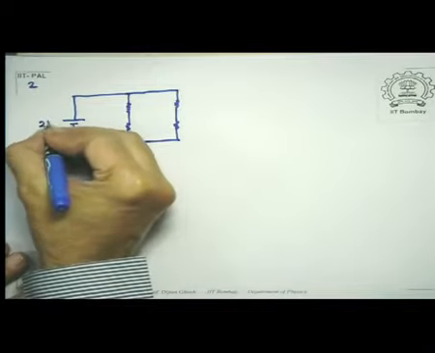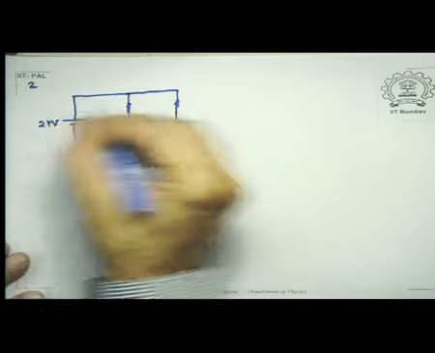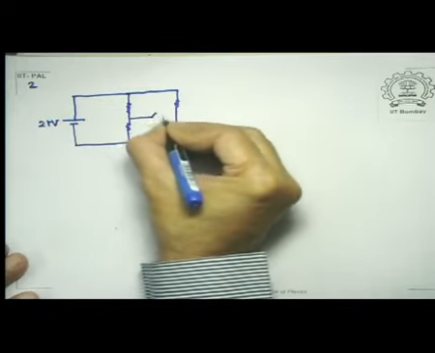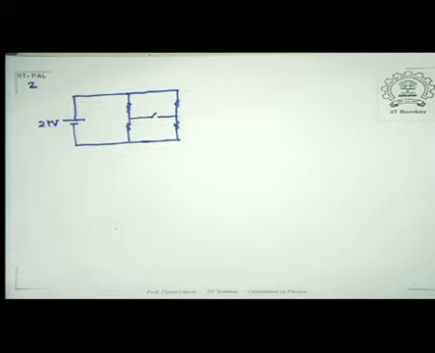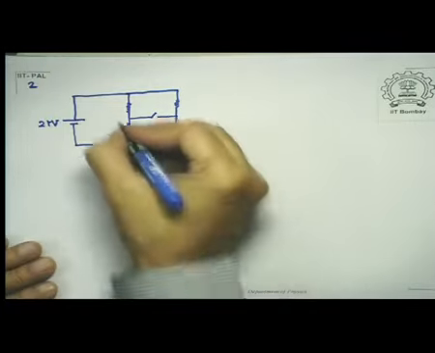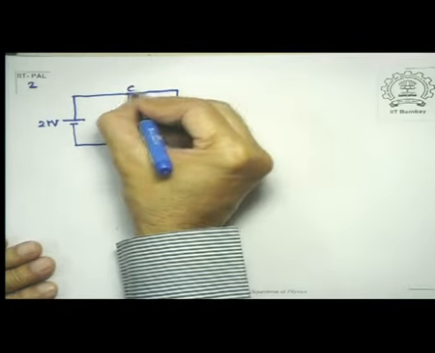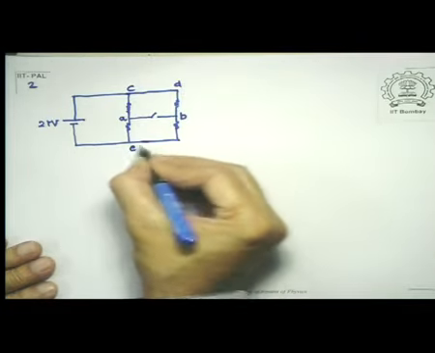This was a 21 volt battery, and what I had there was a switch which was initially open. So let us number them. Let's call this point A, this is B, this is C, D, and E and F.